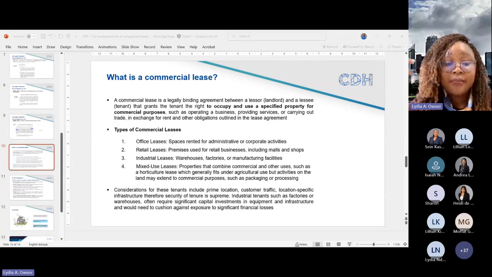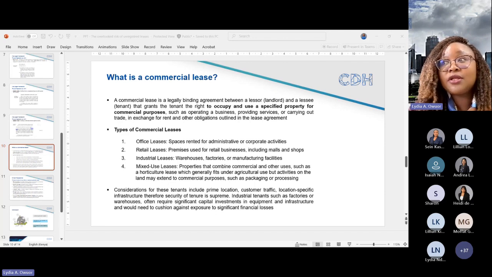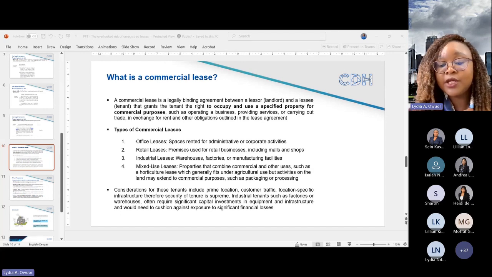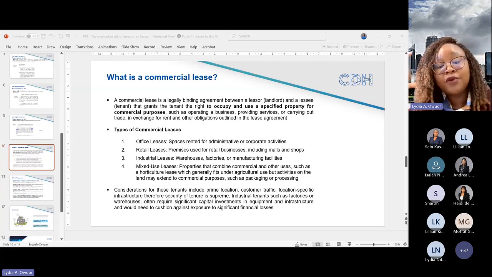So why are we here? One of the most significant relationships in real estate relates to landlords and tenants. So it's not a surprise that these relationships are fertile grounds for disputes in real estate. Why we're having this conversation is because I think the stakes are high. Commercial leases, by their very nature, involve ongoing enforcement of rights and obligations throughout the term.